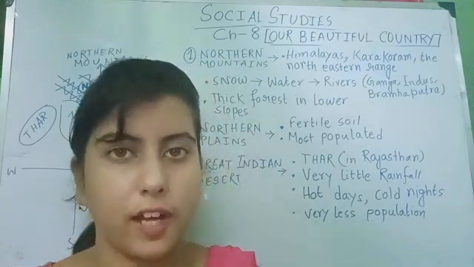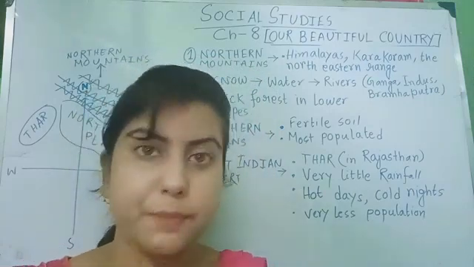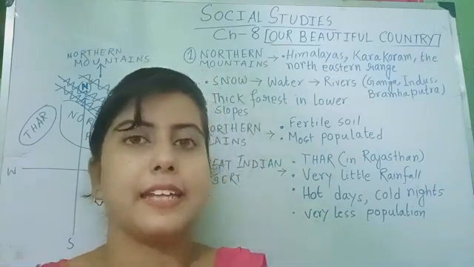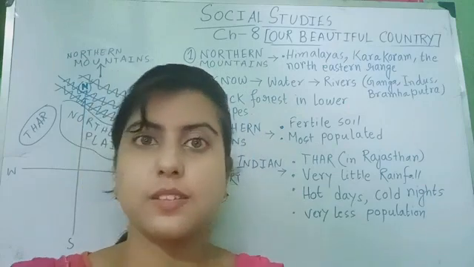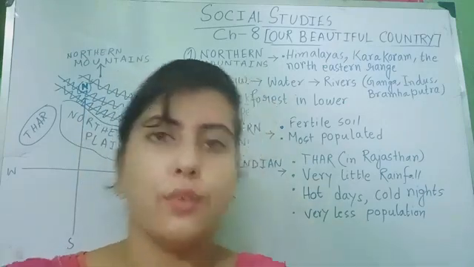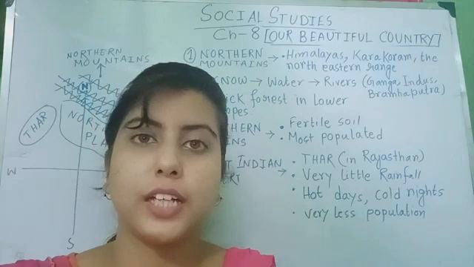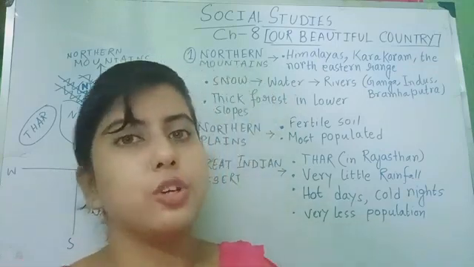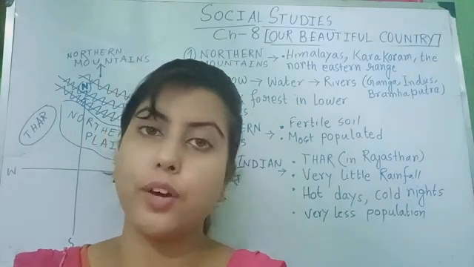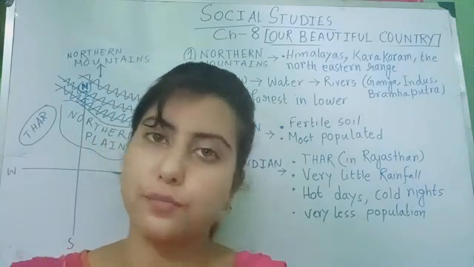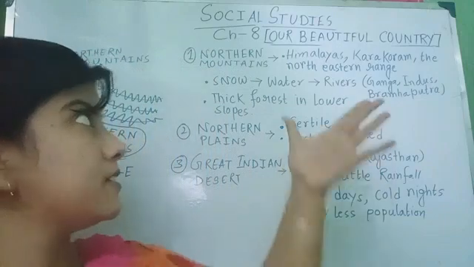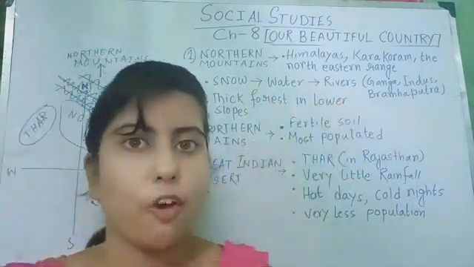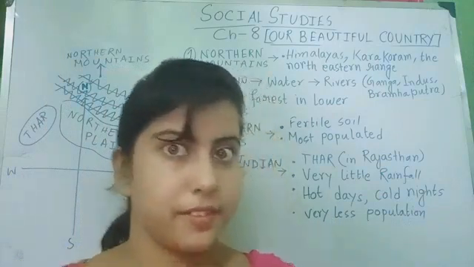Flora and fauna are the different types of vegetation, animals, insects and birds that can be found in this region. So the topmost part is always covered with snow and the lower slopes are covered with thick dense forest. This was all about the northern mountains.